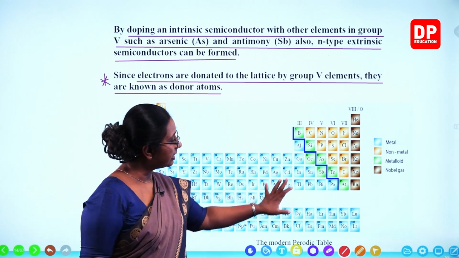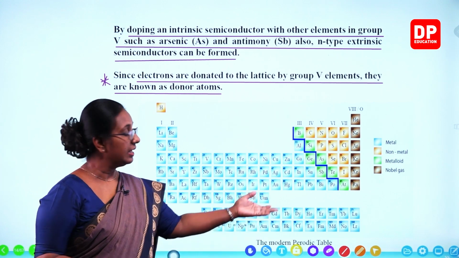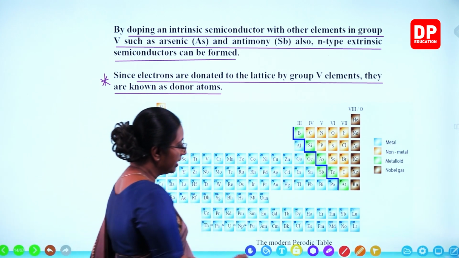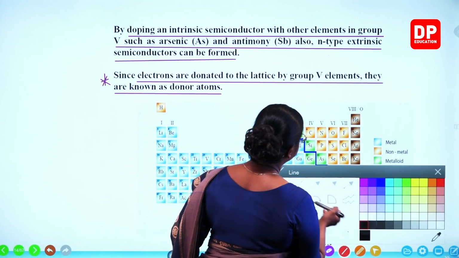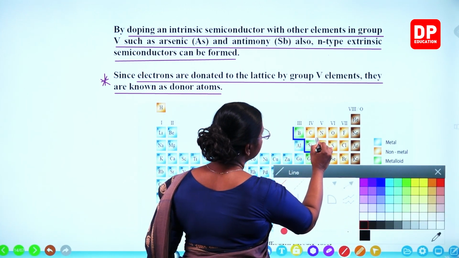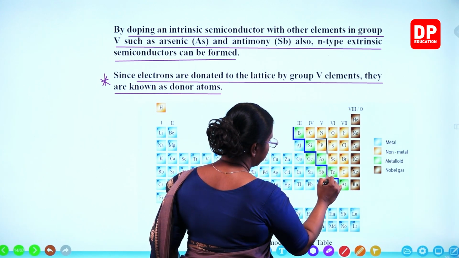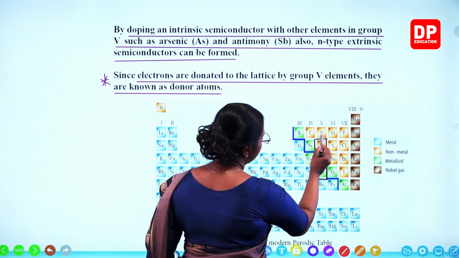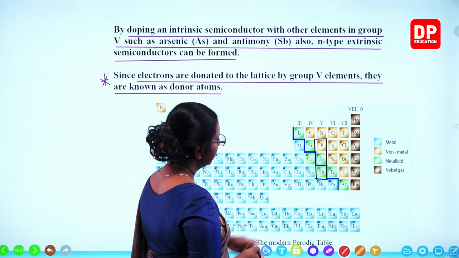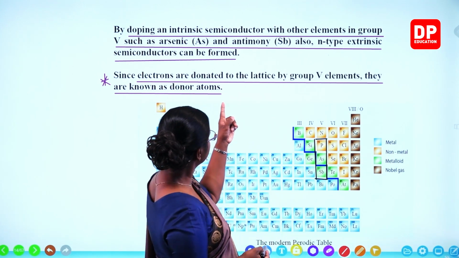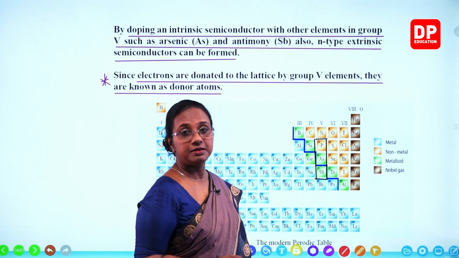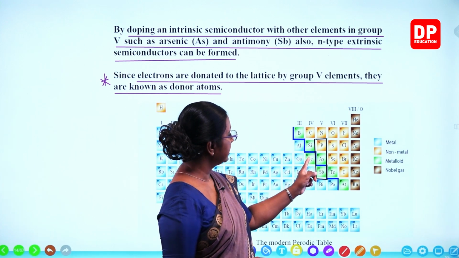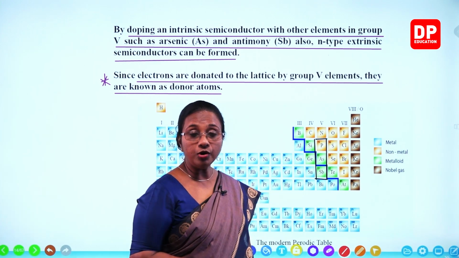So what I explained to you all before. If you all look at this periodic table, again I put it so that we can recall what we have learned before. Here you can see, students, if you look at the group 5 elements, can you see them? We looked at phosphorus, then arsenic, antimony. They all belong to group 5. Silicon and germanium are group 4 elements.